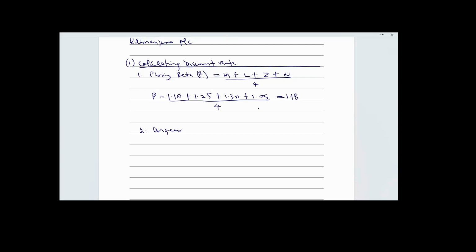In this question, we don't have debt beta, therefore it is implied that debt beta is risk-free. So to calculate my asset beta, I would say beta assets equals beta equity geared multiplied by equity value divided by equity value plus debt value times 1 minus tax.